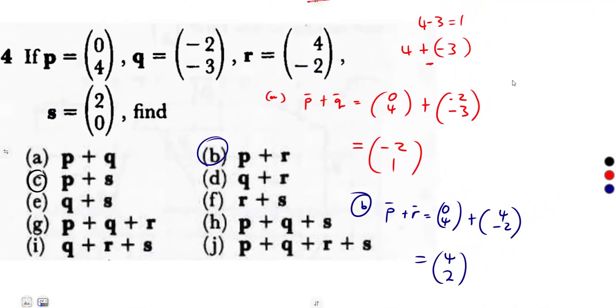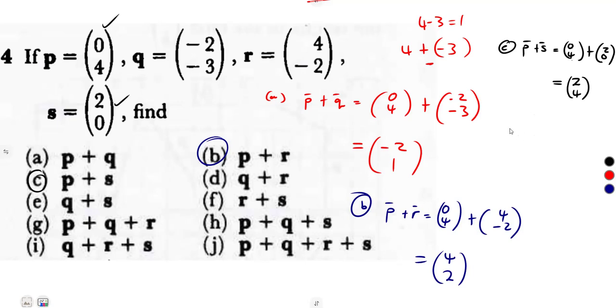Vector P plus S, on number C, vector P plus vector S. Our vector P, (0, 4), plus our vector S, which is (2, 0). You simply add 0 plus 2, that's 2. 4 plus 0, that's 4.